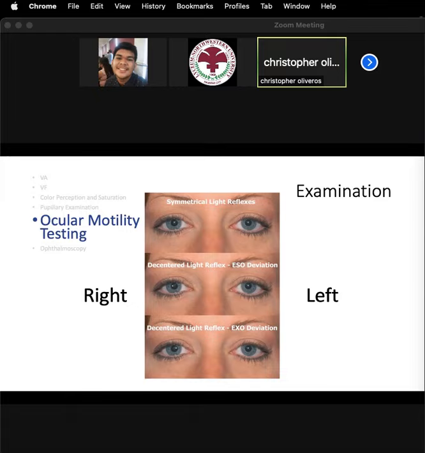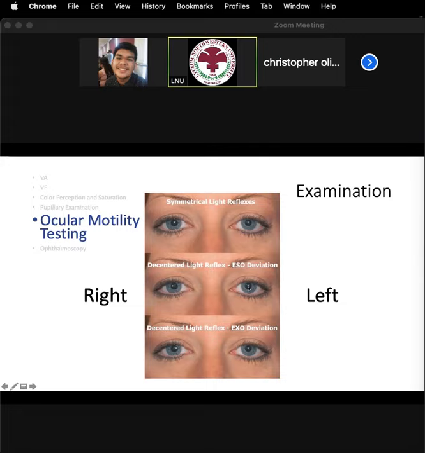Okay, so it gives you the impression that the right eye is actually turned towards the nose. Because the light reflex, I'm pertaining to this, this is your corneal light. If you shine a light in front of the patient, you'll get this reflex. So you notice in this picture, it's not in the middle, it's not on the center.